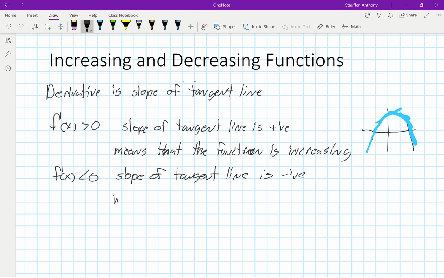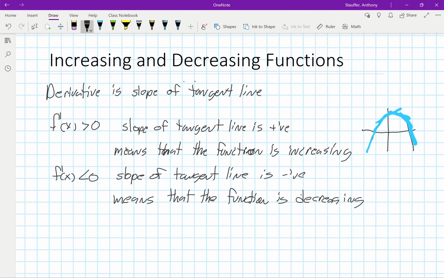Or it means that the function is decreasing. Almost forgot how to spell decreasing right there. So the derivative is the slope of the tangent line. If f prime at x is greater than 0, then we can say that the function is increasing. If f prime at x is less than 0, we can say that the function is decreasing.